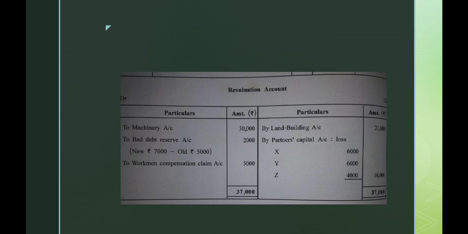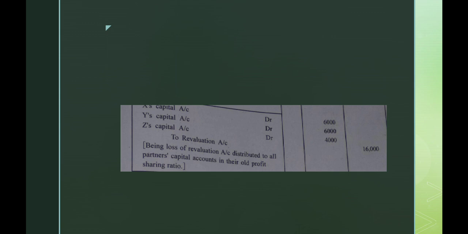Now this answer is to be transferred to the partners' capital accounts. Before that, we have a journal entry about the loss on revaluation account. This is also given in your textbook on page number 229, the 8th journal entry. And always remember, you are going to write this journal entry only if you are asked to do so.